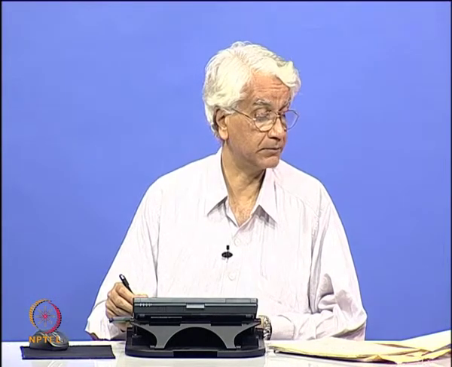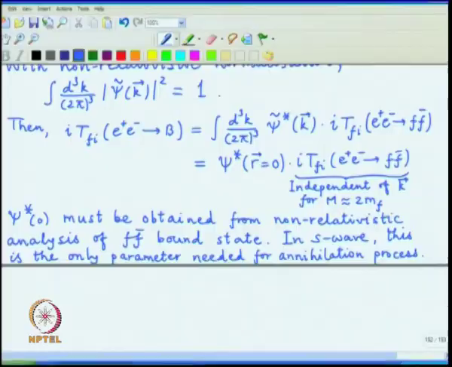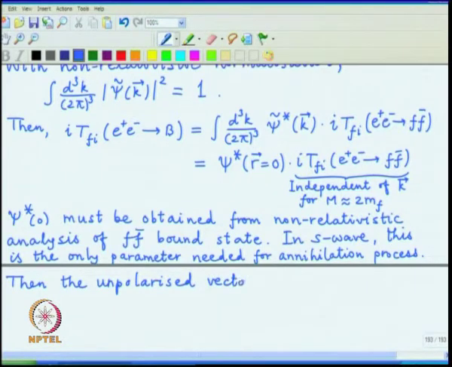So, now we can put together the various factors once again. Again we will treat the unpolarized vector boson production.